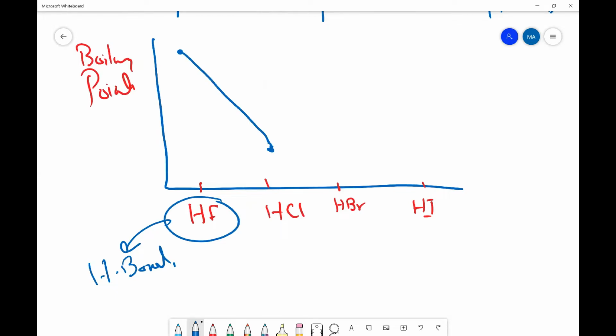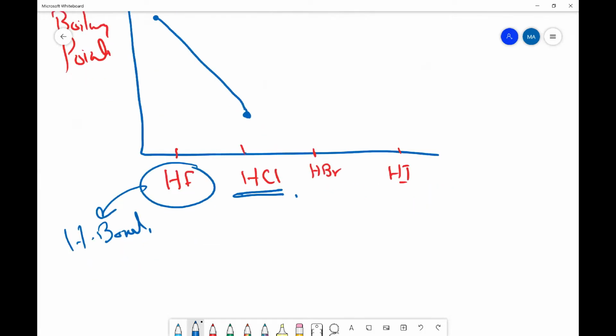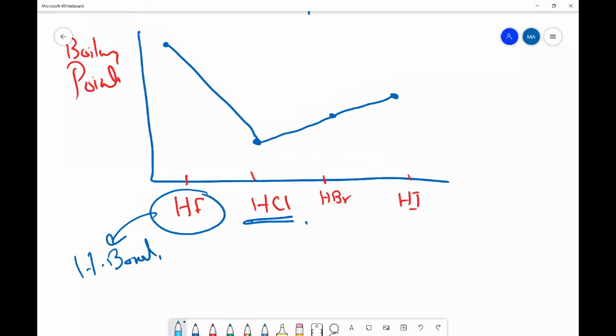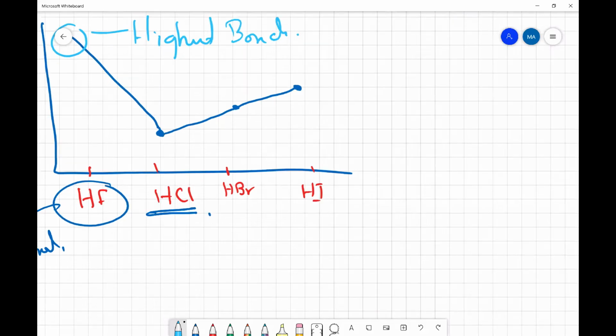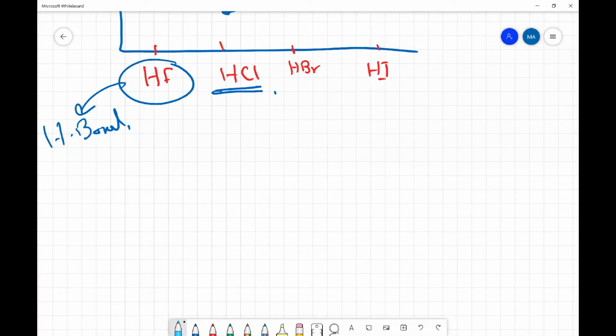Why will it be the lowest? Because HCl has permanent dipoles. There are no hydrogen bonds here, and then generally the boiling points continue to increase because of the structure of these compounds. So only HF had the highest boiling point because it had hydrogen bonds. This is how hydrogen bonds affect the boiling points. And the regular structures follow the normal trends.